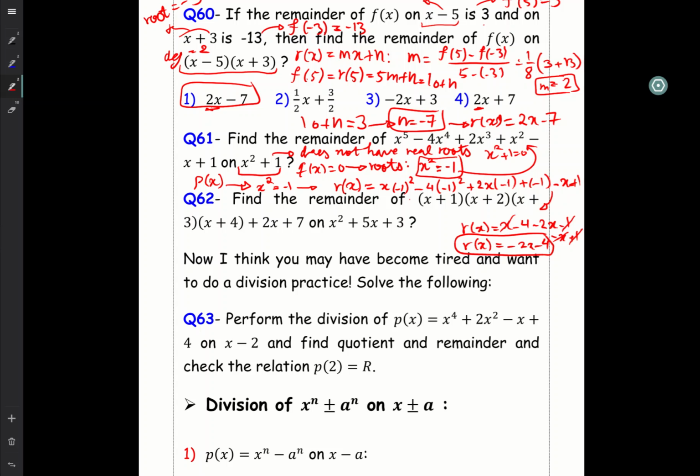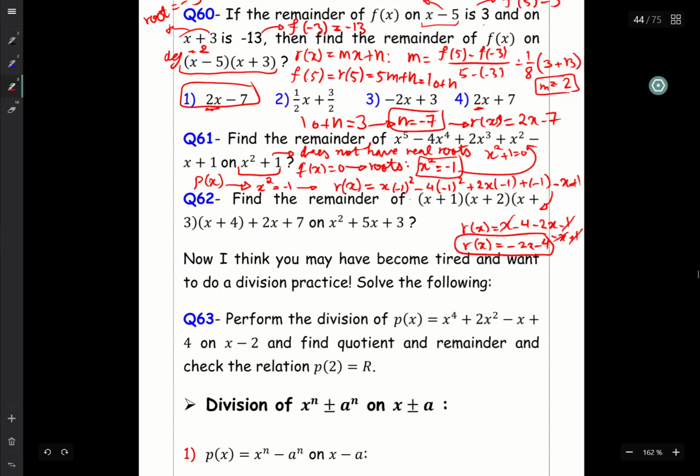So in the original p(x), wherever you have x squared, you put negative 1. So x^5 becomes x. x^4 becomes 1. x^3 becomes negative x. And x^2 becomes negative 1. And then we had minus x plus 1.